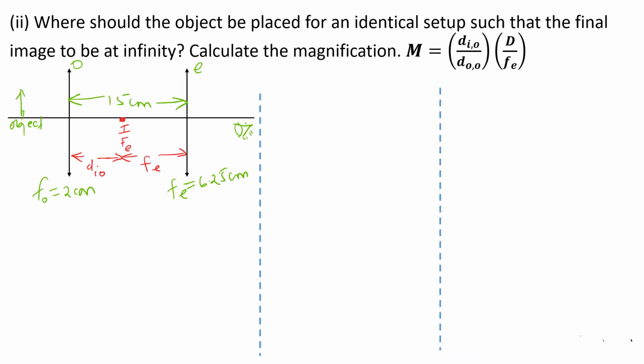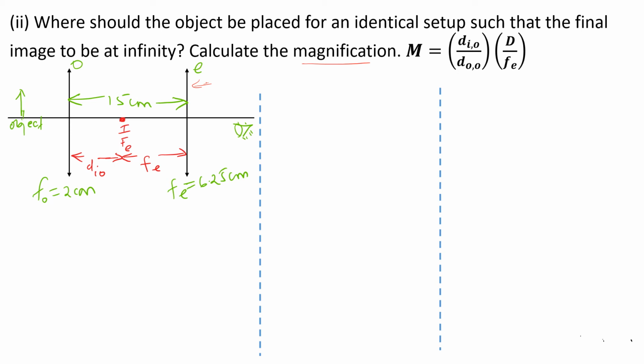Here's the last part of this question. Where should the object be placed for an identical setup such that the final image is formed at infinity? Calculate also the magnification of the lens. We go back to the concepts and remember that if the final image for the eyepiece is to be formed at infinity, it means that the intermediate image must be formed at the focal point of the eyepiece.